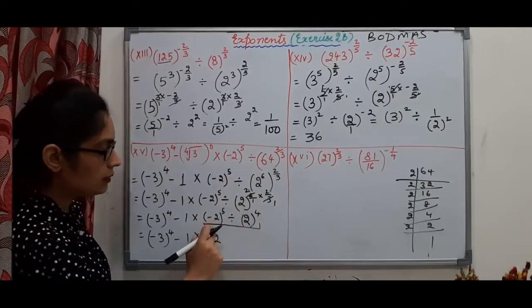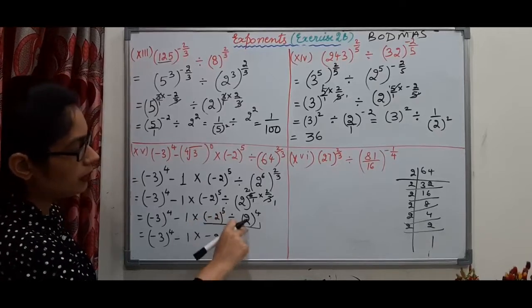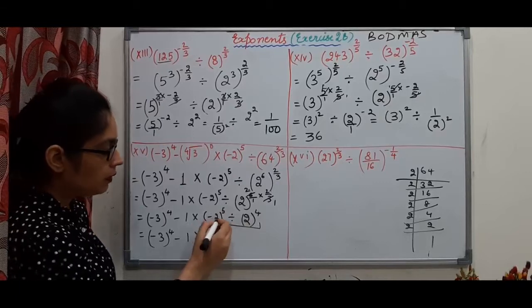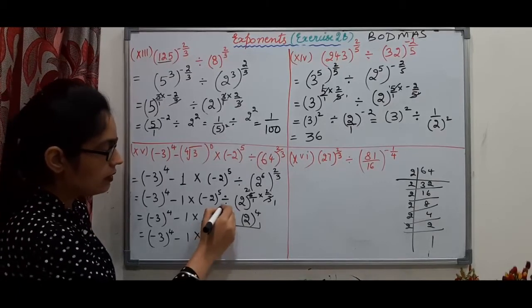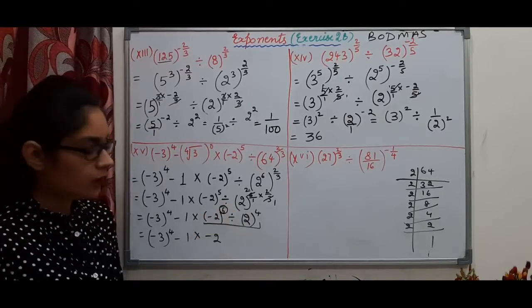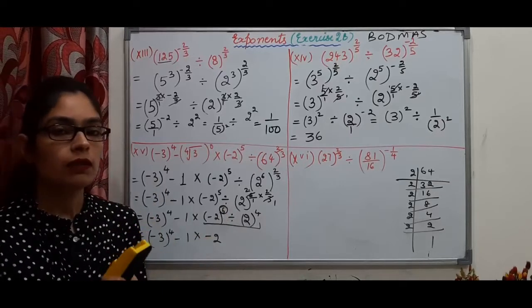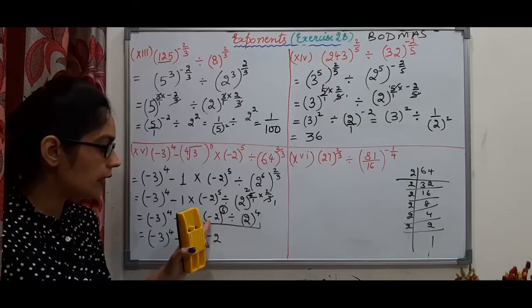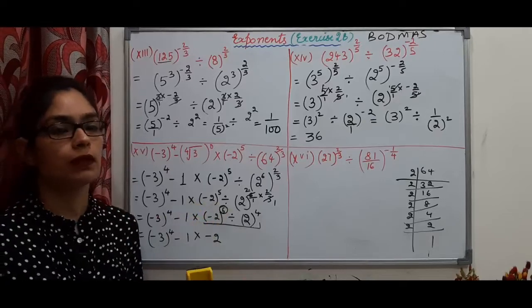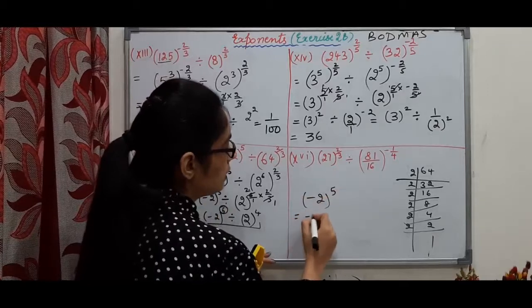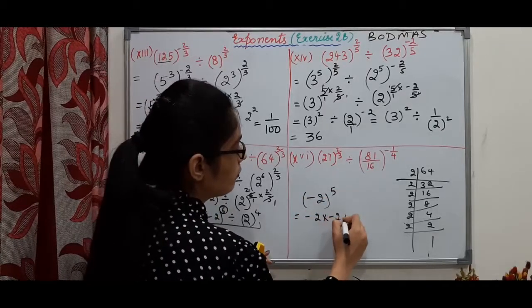So now bases are the same. Here is minus 2, here is 2. Basically both are 2, but since this power is an odd number, minus 2 only we will consider. See, minus 2 to the power 5 means minus 2 is getting multiplied 5 times.